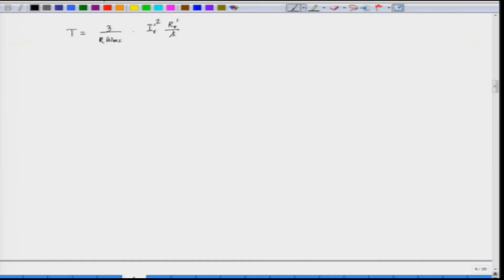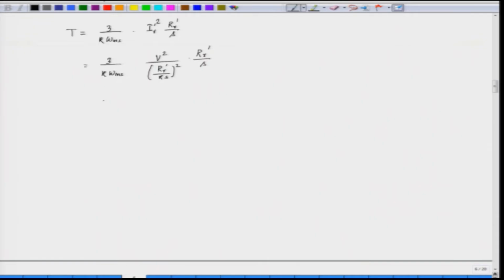So, we will substitute the value of I r square. That is equal to 3 by k into omega m s, times V square divided by R r prime by k s, squared, into R r by s.